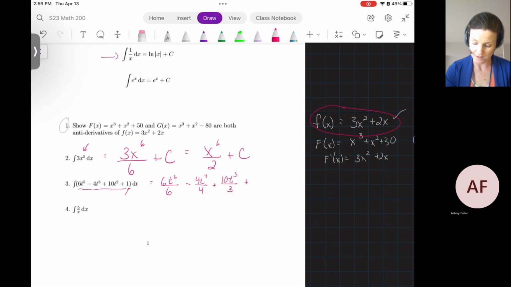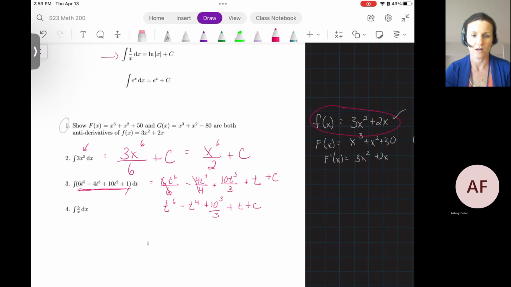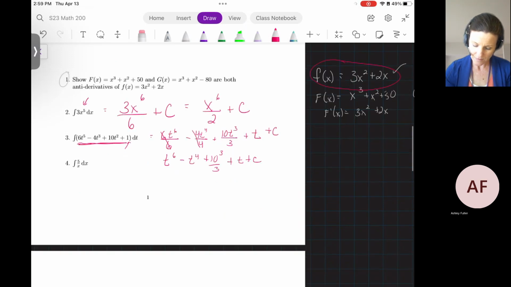We're not taking the derivative, we're taking the integral, so it becomes plus t plus c. All of these are then reduced. We're left with t to the 6th minus t to the 4th plus 10t cubed over 3 plus t plus c. Note, to check these, we can take the derivative of this new function that we found and make sure that we get back to our original function.